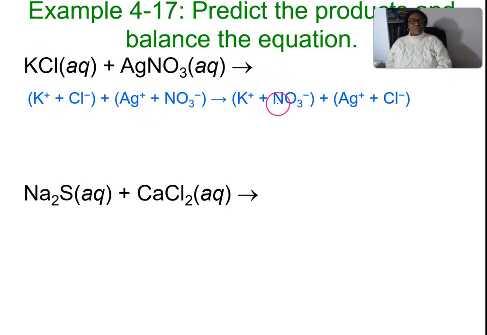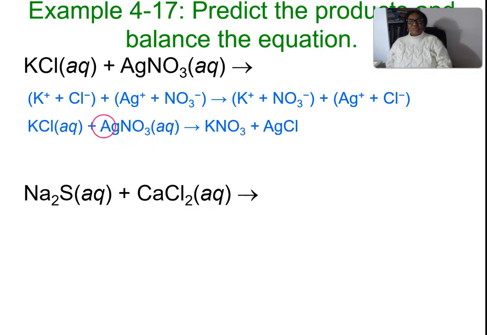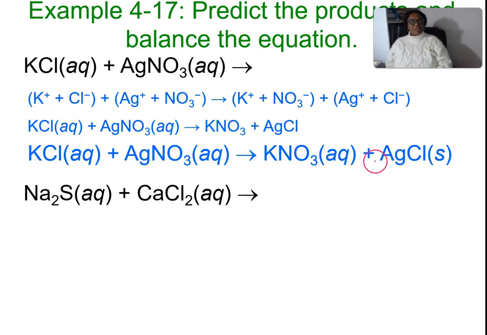Then we exchange. After we have exchanged, we want to balance the charges and write the formulas. So now we'll go to the solubility table to predict the state. Is it aqueous? Is it a gas? Something like that. From our solubility table, it shows that this is a precipitate. So it means this reaction is a precipitation reaction.